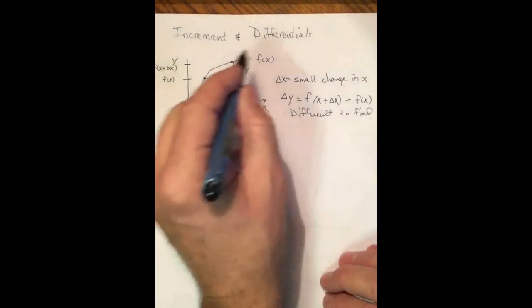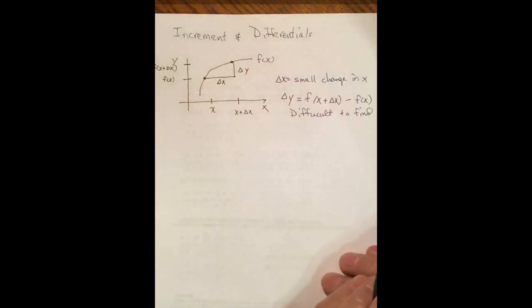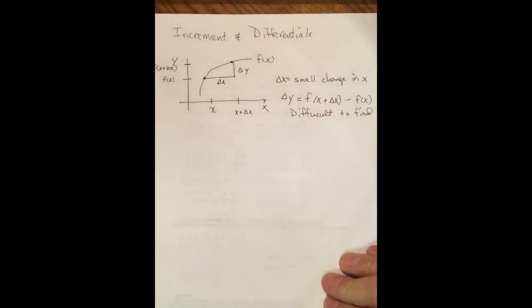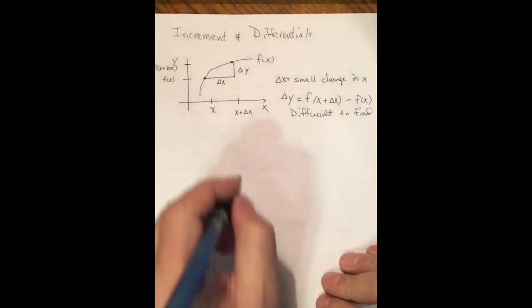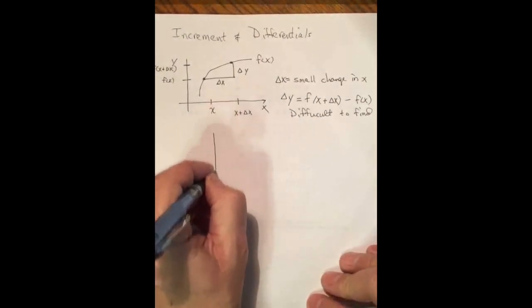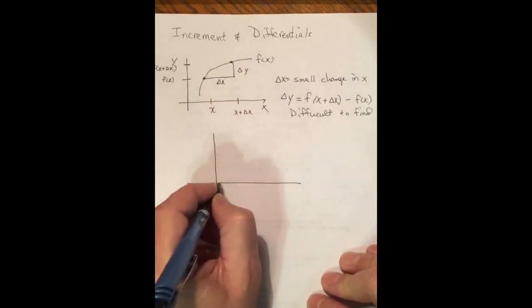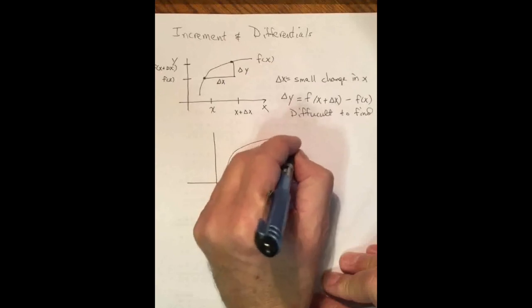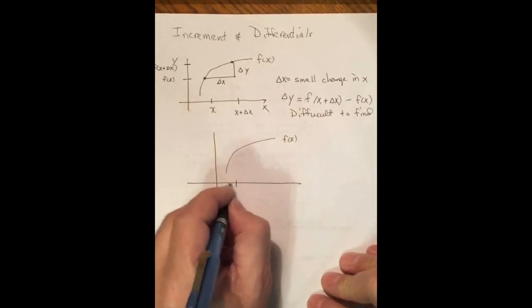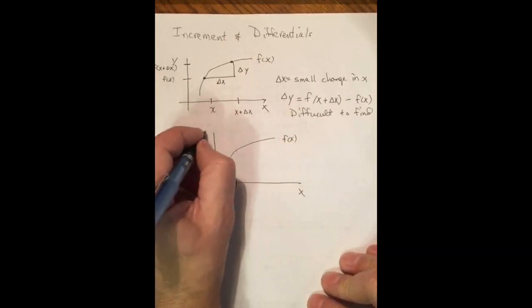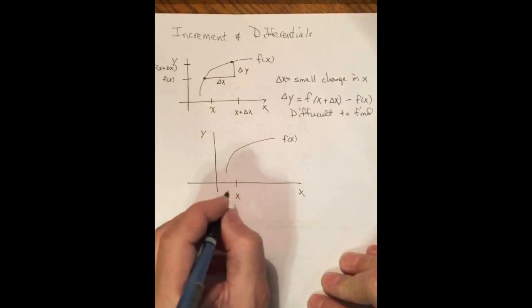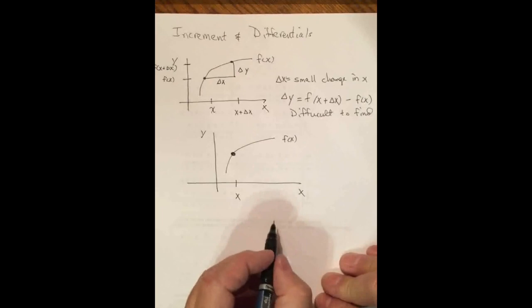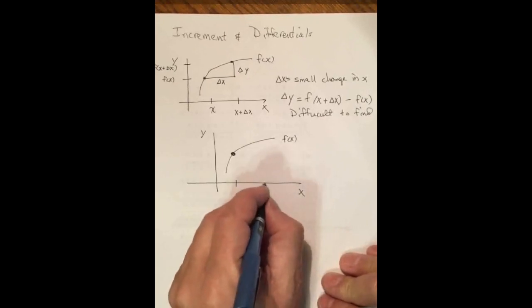Now I could put this all on the same page and on the same graph, but it gets really cluttered. So let's just draw the same diagram down here again. Just any old function here, and we'll pick again an x value. There's the point on the curve corresponding to that x value.